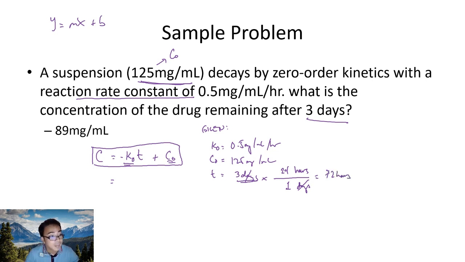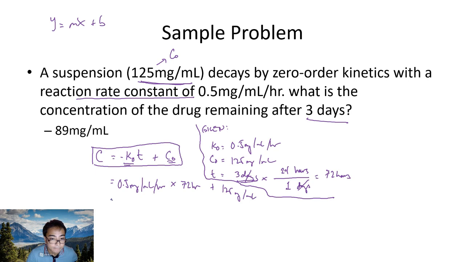Class, I'm assuming you already know how to convert our units. So anyway, that's that. Therefore, I'll need to apply it to my equation here. So, 0.5 milligrams per ml per hour times 72 hours plus 125 milligram per ml.